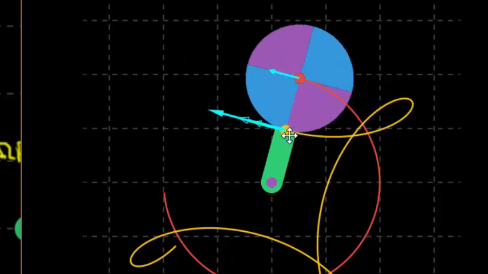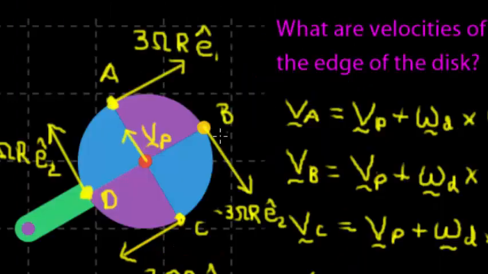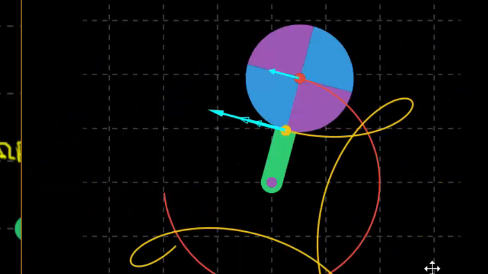Now when we look over here, this would be the equivalent of point D down here. Here's where the VP and the relative velocity are adding to each other. They're both pointing in the same direction. In fact, let's go back to my animation. Here we see that these two vectors, there's the VP, the same as that one, and here's the relative velocity out there.